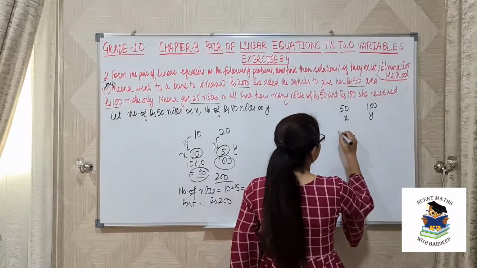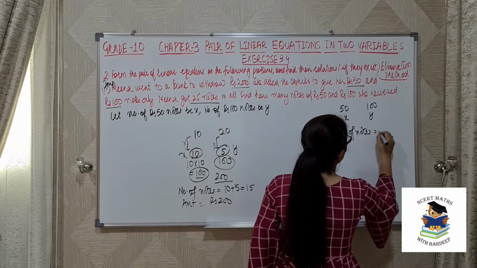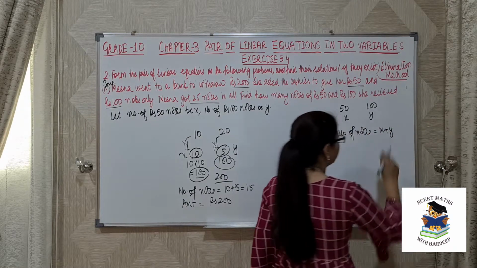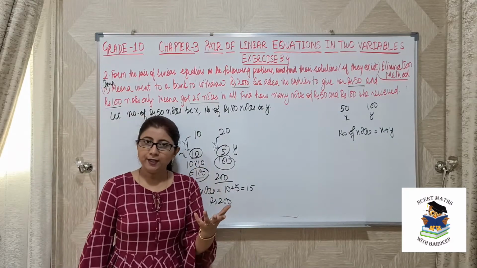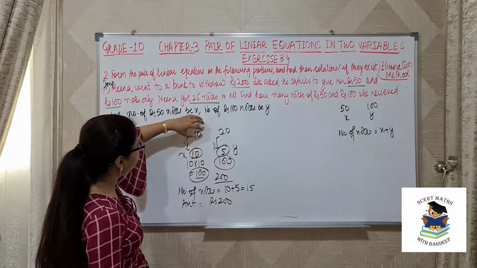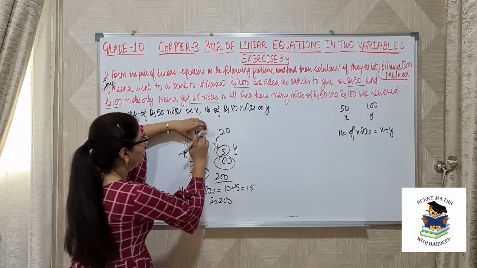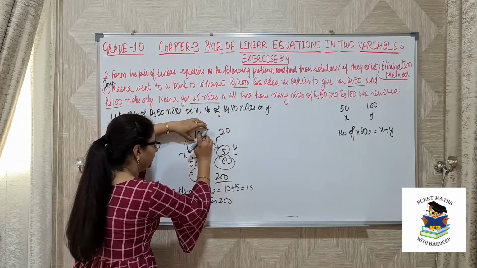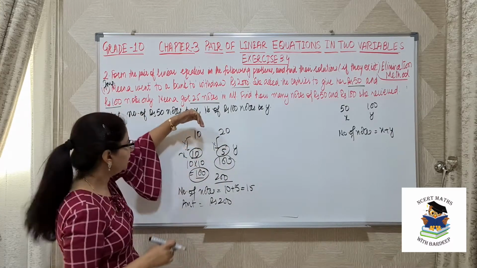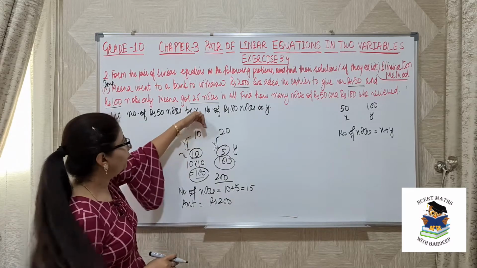So if they ask us number of notes, it should be x plus y. But when it comes to the amount, how to calculate amount? You should multiply your currency with the number of notes you are having. So 10 with 10 and 20 with 5. So 10 with x. See 10, I am having x notes of 10 rupees.